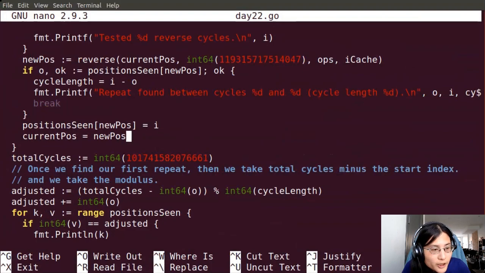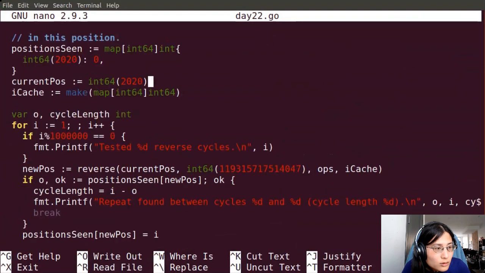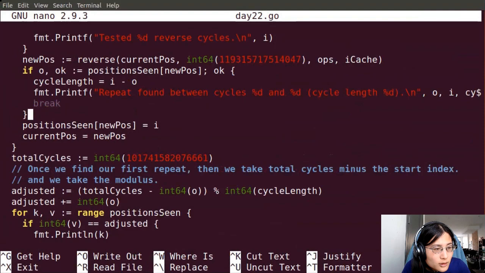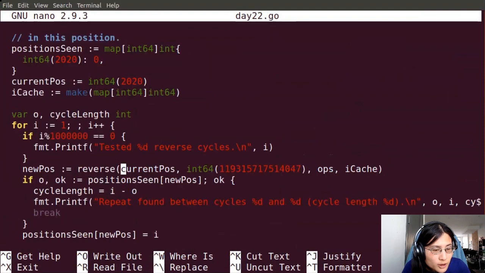If I see this, I break out. So I'm running this inside of a tight loop, this reverse function. Current pause equals new pause. Yep, that's fine. That value is being passed. My set of operations is being passed. That's fine.